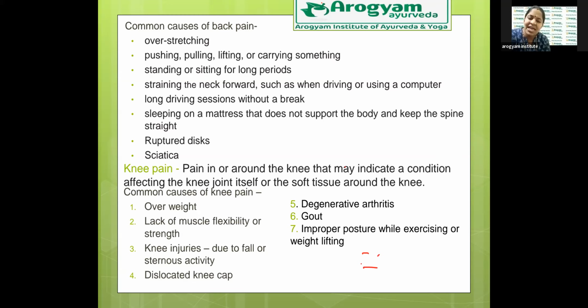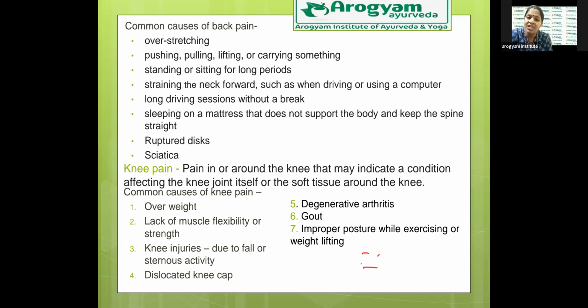Then sciatica. What is sciatica? Sciatic nerve is one which travels from our back till the feet. So entire length it traverses. If there is increased pressure in this specific nerve root, so it causes a problem called sciatica, which is called gridhrasi in Ayurveda.